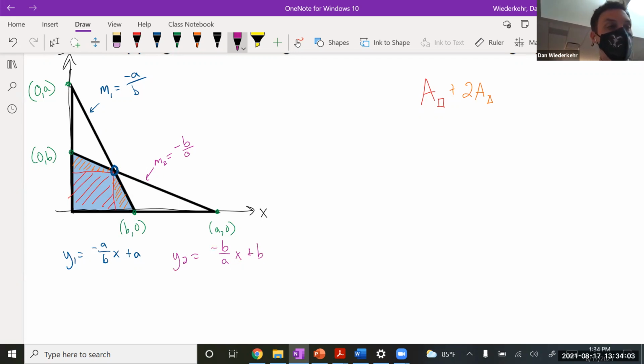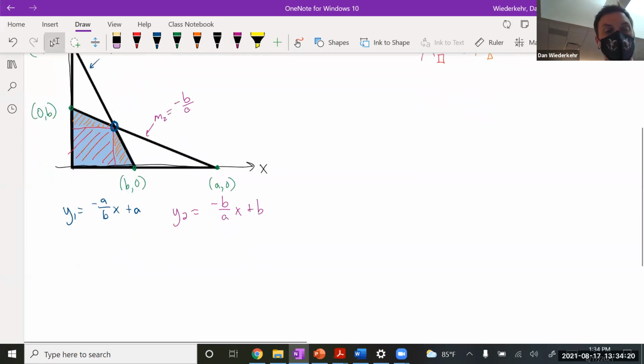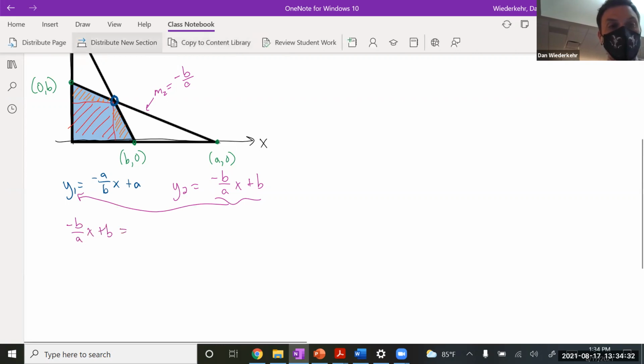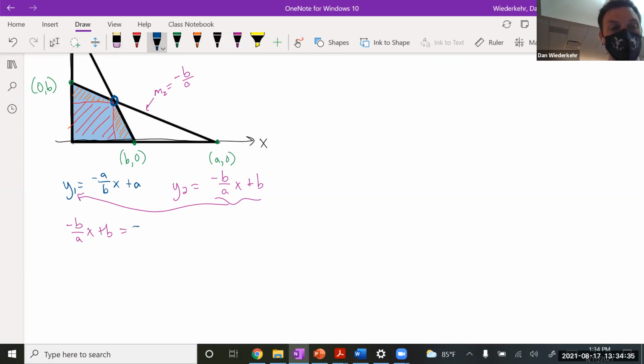Now, to find the intersection, we need to set those equal or substitute. There are other ways to do that, of course, but I'm going to use substitution here to plug in for the y. So I'll take this equation and plug it in here for y. So negative b over a times x plus b is equal to negative a over b times x plus a.